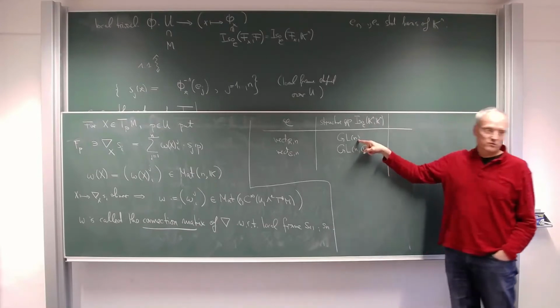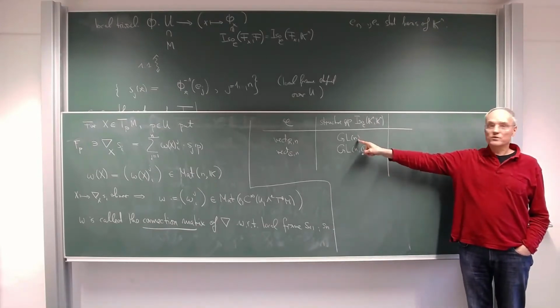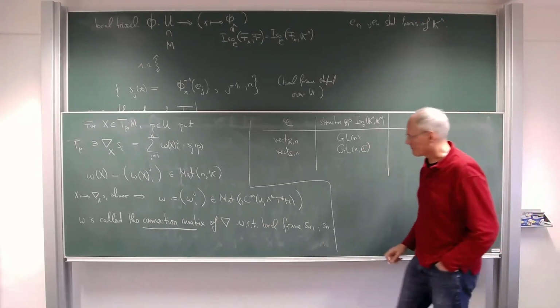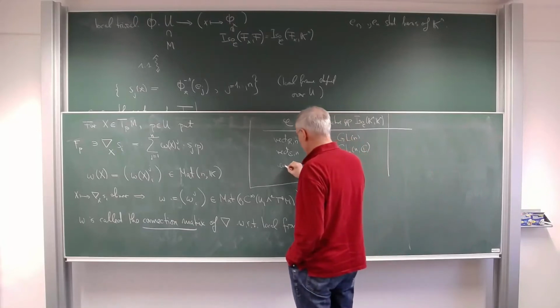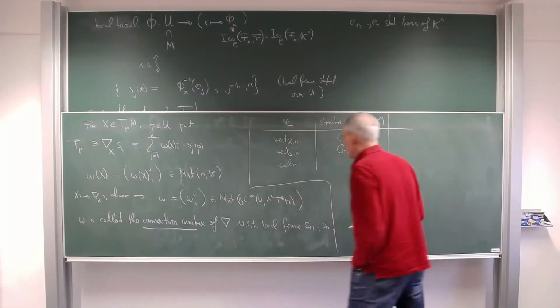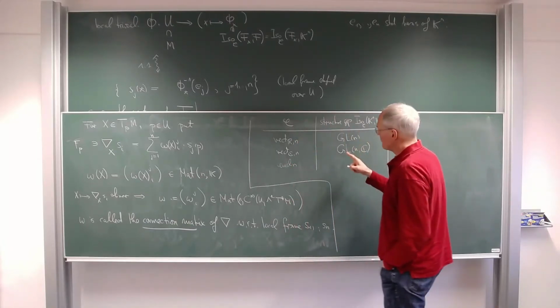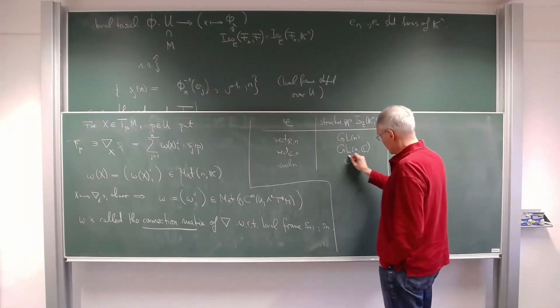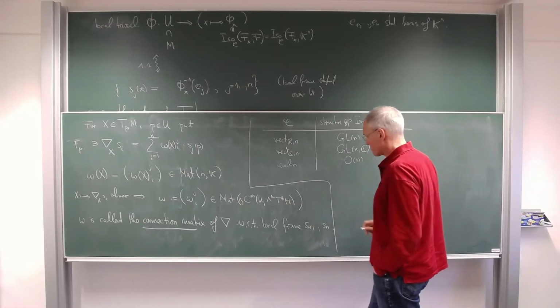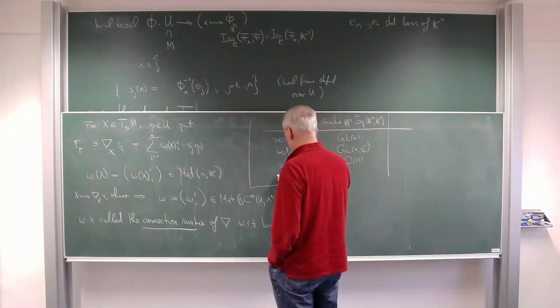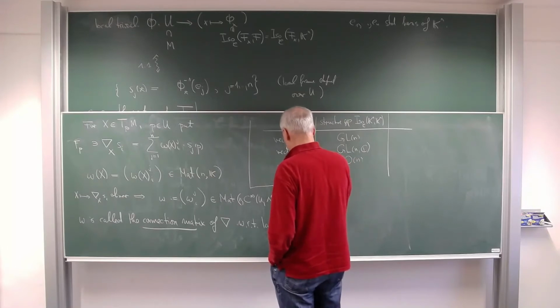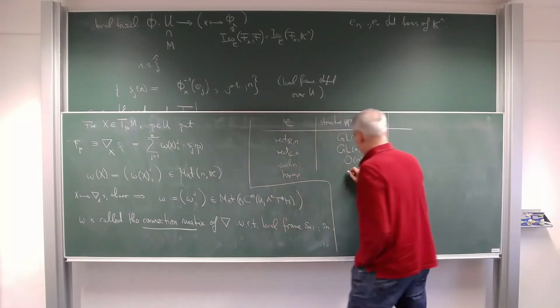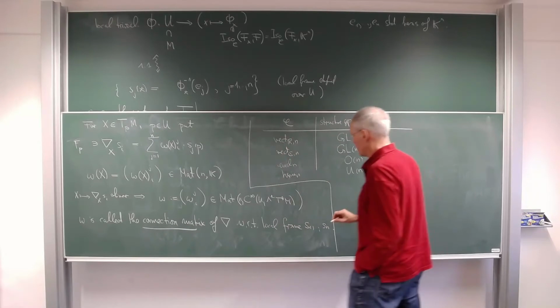For the real case, I just leave out the coefficients, but there are no coefficients in the real case. And then in the Euclidean case, we have isometries from R^n to R^n. So that is O(n). And in the Hermitian case, I get U(n), unitary matrices.